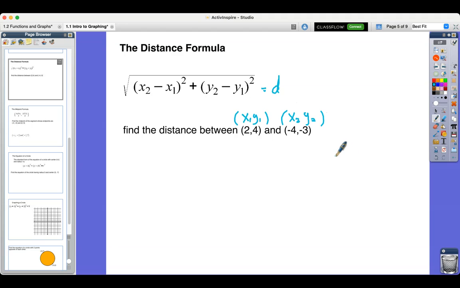Okay? Now, the great thing about the distance formula is that it's all about just plugging it in. That's all you're doing, just plugging things in. So let's do that.